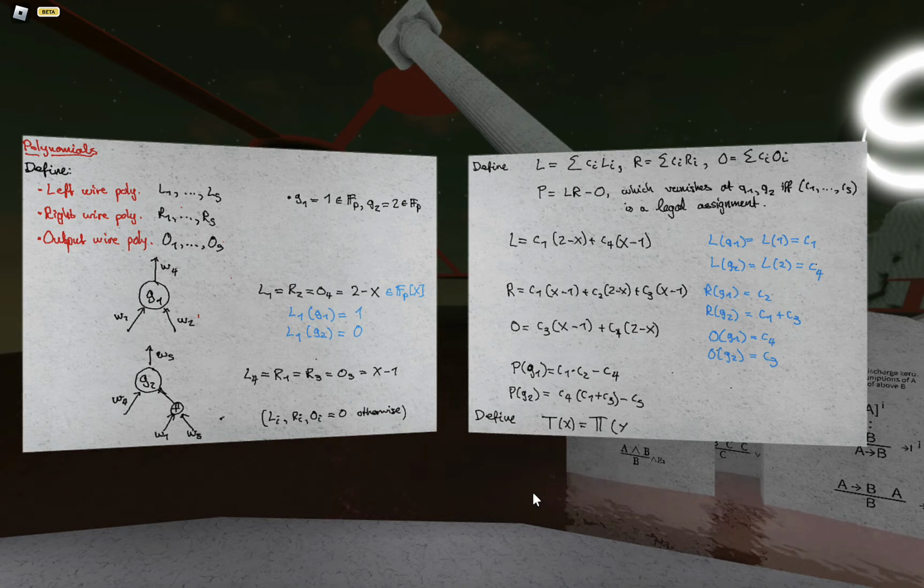So it's the product of x minus gi's. And the idea is that t of x divides p of x if and only if ci is a legal assignment. That's just because we want it to vanish on the points gi, so it vanishes on the points gi if and only if t divides it.